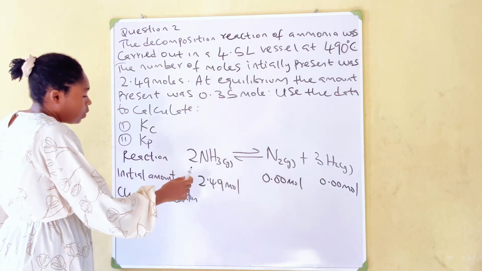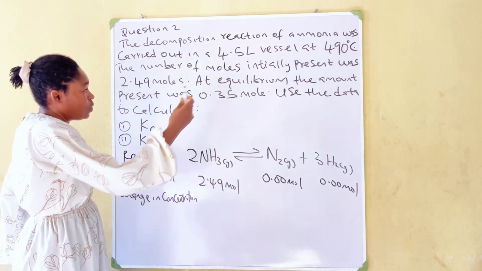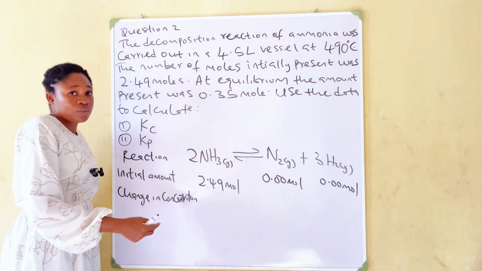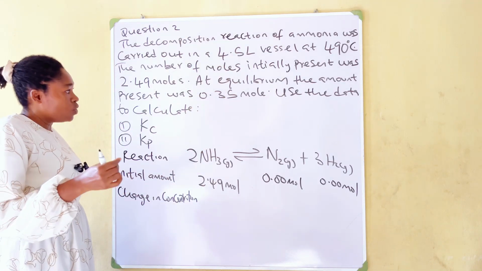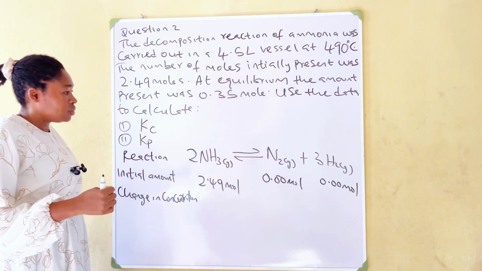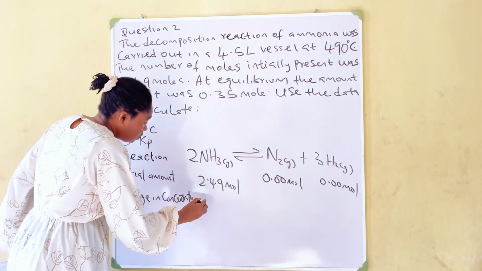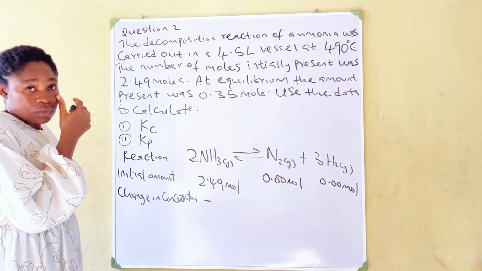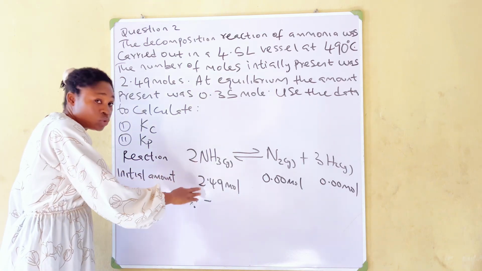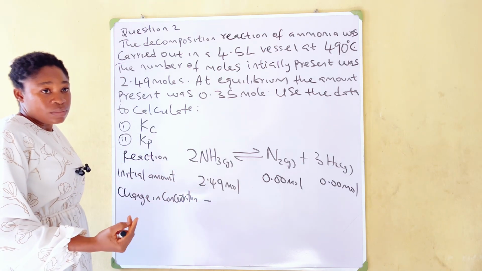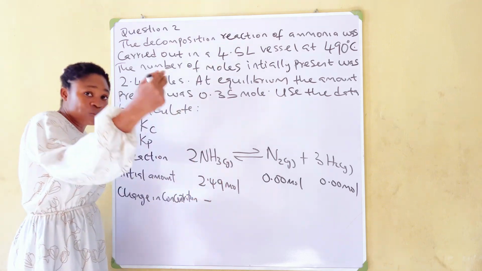If this 2.49 was present initially, and at equilibrium we are getting 0.35, what's the change? It means the one that decomposed is what I'm looking at. So remember, we are going to use a negative sign because the reactant is going to do what? Disappear.